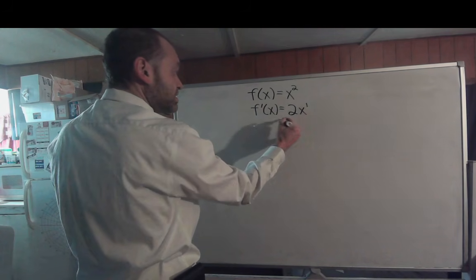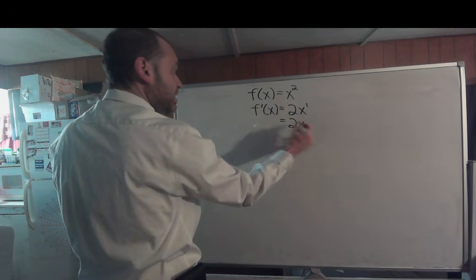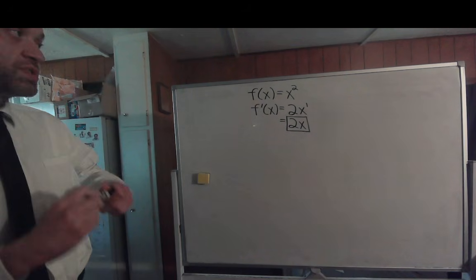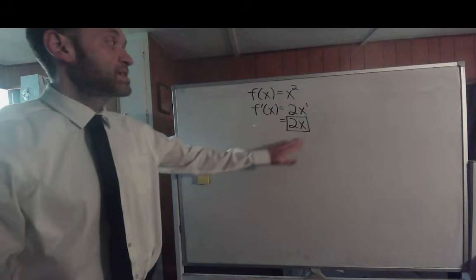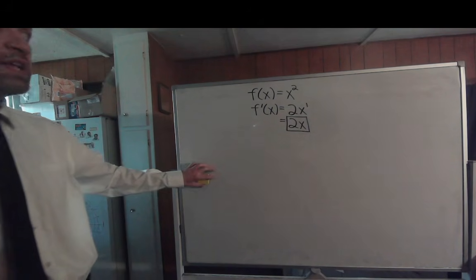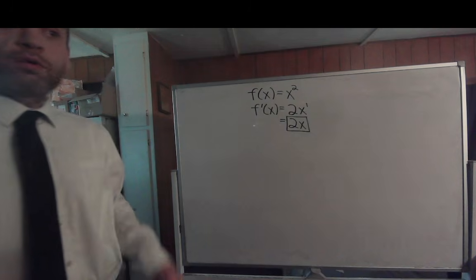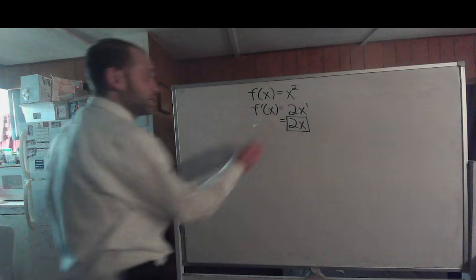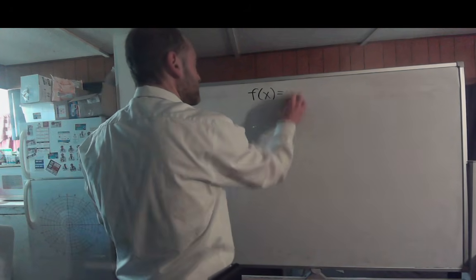I would get 2x to the first, or simply 2x. So the derivative of f of x equals x squared would be f prime of x equals 2x, based on that formula. And the power rule means we don't have to use that limit formula anymore. We have shortcuts. Let's do another couple of these.